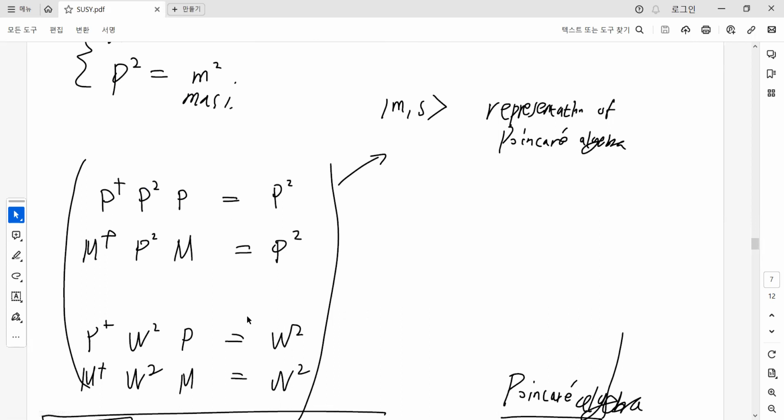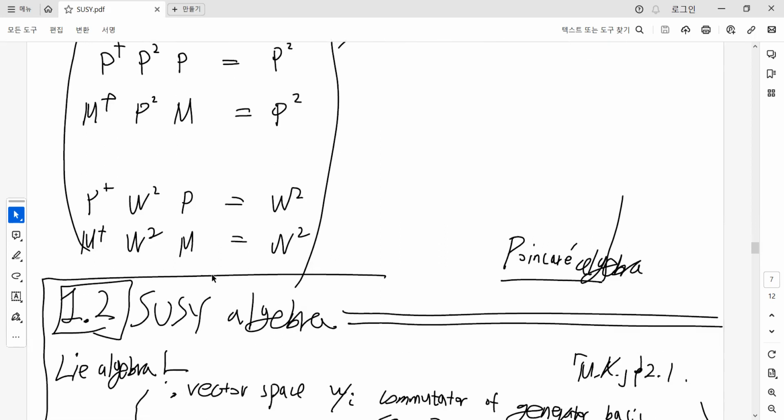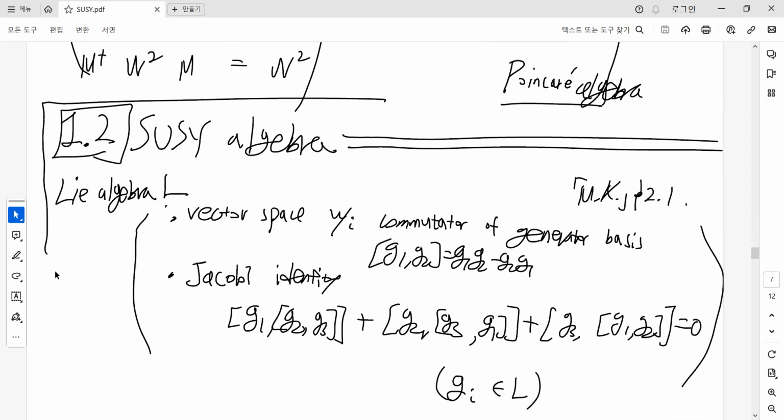Also, we can understand such Casimir operators by using the conjugate form. Next time, I will talk about the supersymmetry algebra, the extension of the Poincaré algebra.